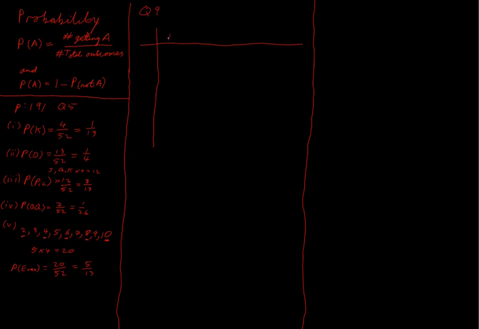So I write out and say this is dice 1, D1, and this is D2. So I have 1, 2, 3, 4, 5, and 6 as my possible outcomes for my first dice, and I have 1, 2, 3, 4, 5, and 6 as my possible outcomes on my second dice.